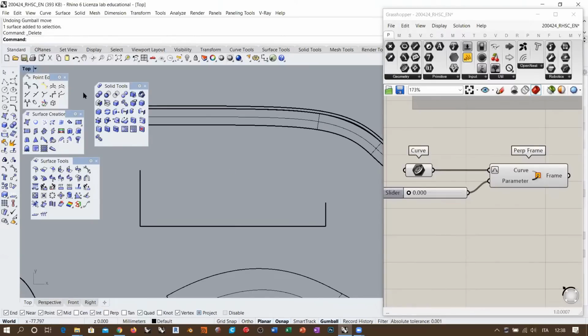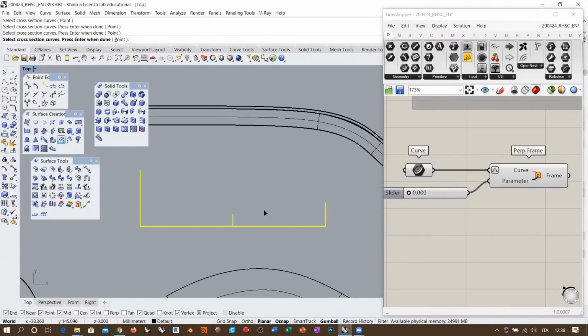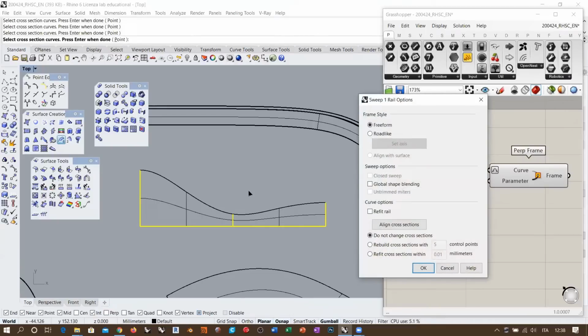Of course, if we take an intermediate cross section like this, and we create a sweep one rail with these three lines, now it's like having three cross sections with a loft. Okay, so there is no way of creating, let's say, a linear interpolation.